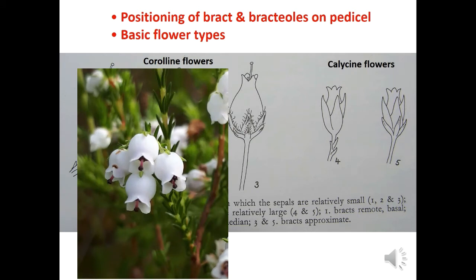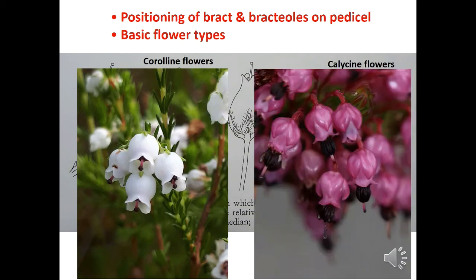So you can see in this picture of Erica margaretaceae that the corolla has taken the display function and the sepals are quite small, as opposed to this picture of Erica gracilipes, where you can see the sepals are actually colored and are also part of the display function. So you can see these sepals are really big and colorful.